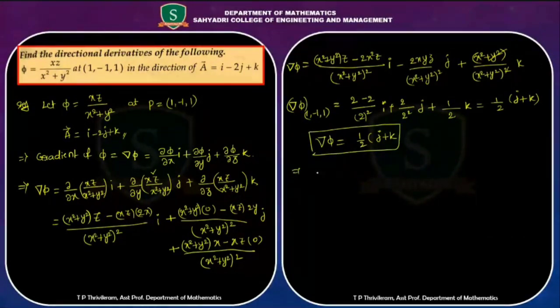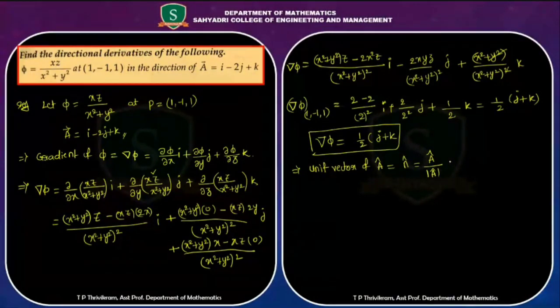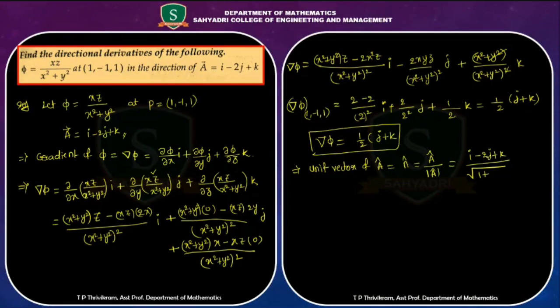So implies, the unit vector of a given vector A is denoted by n cap and it is defined as vector A by modulus of vector A, or nothing but the magnitude of vector A. So this one is equal to vector A, which is i minus 2j plus k, divided by root of 1 plus (minus 2) square.